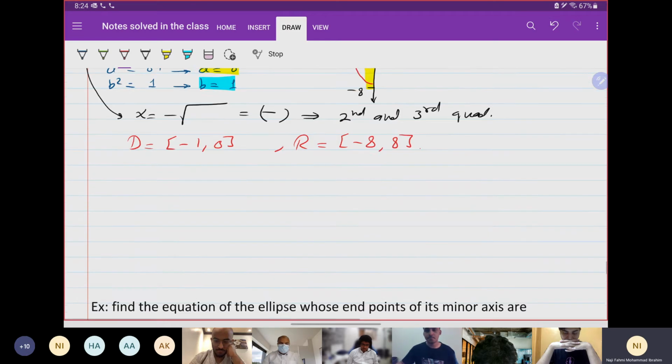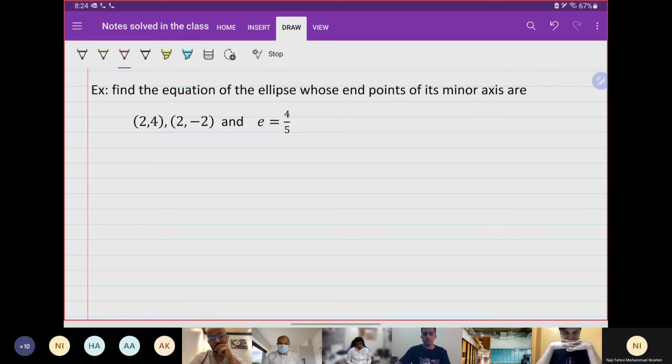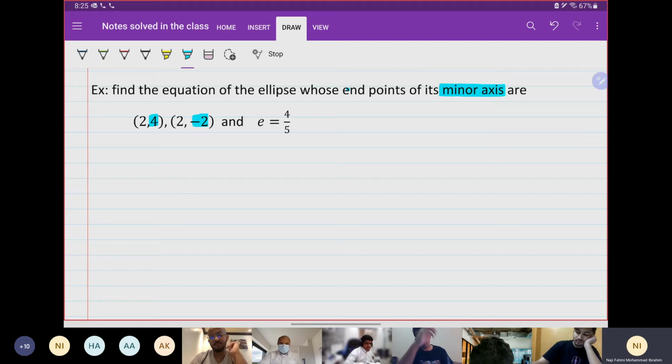Now I proceed to the last example, which is this one. Find the equation of the ellipse whose endpoints of the minor axis are these. Now, the minor axis, if you remember, is the smaller axis. Look at the values here, Shabab, the points. Which values have changed, the values of X or the values of Y?